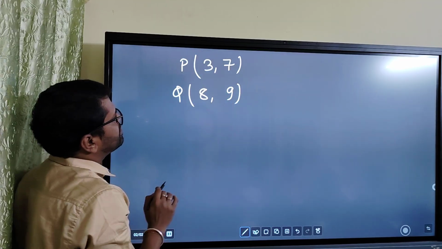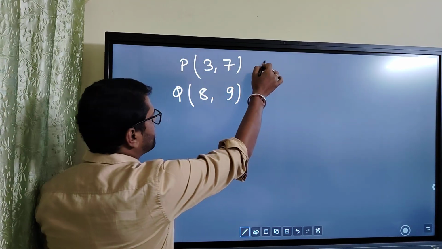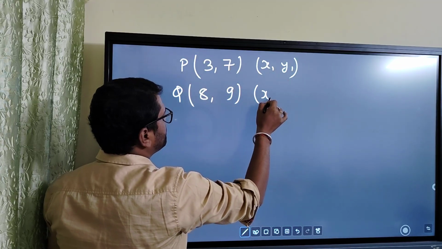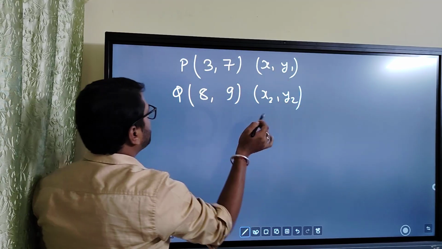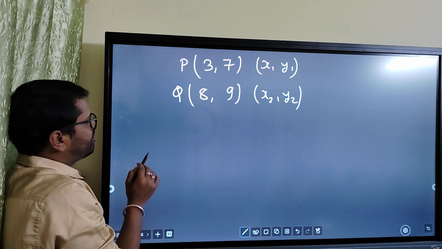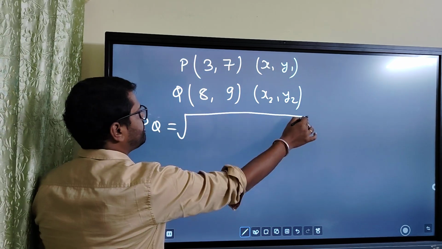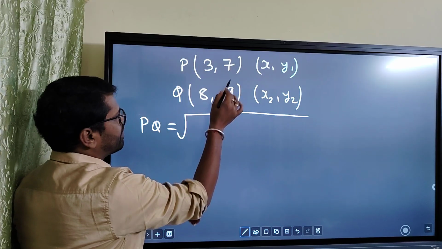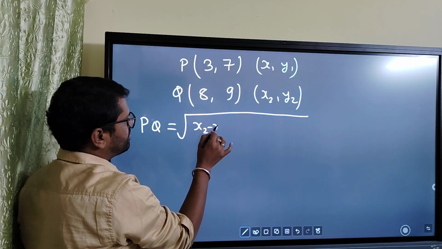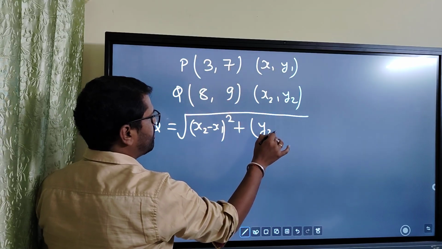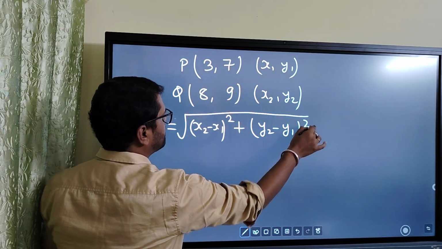You have to find the distance. So can we say that this is x1, y1, and this is x2, y2. We have seen the formula: PQ is equal to under root of x2 minus x1 whole square plus y2 minus y1 whole square.